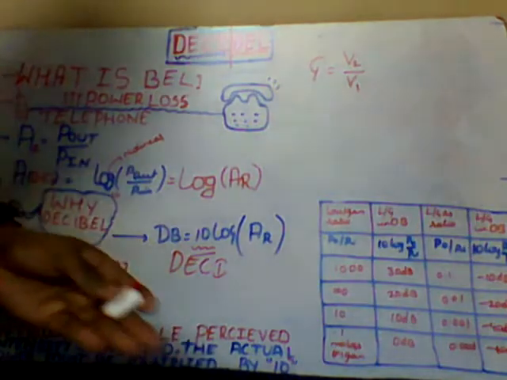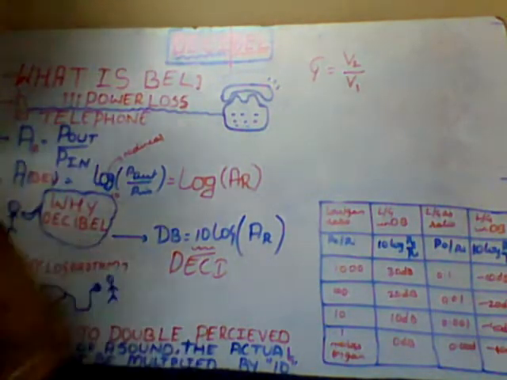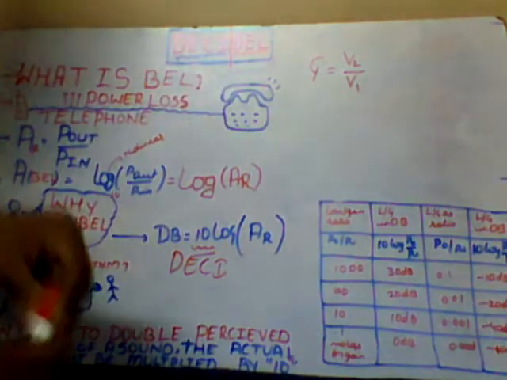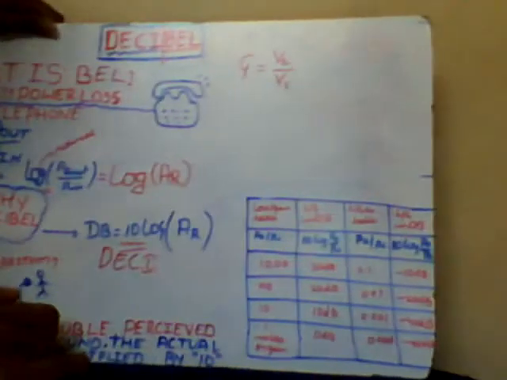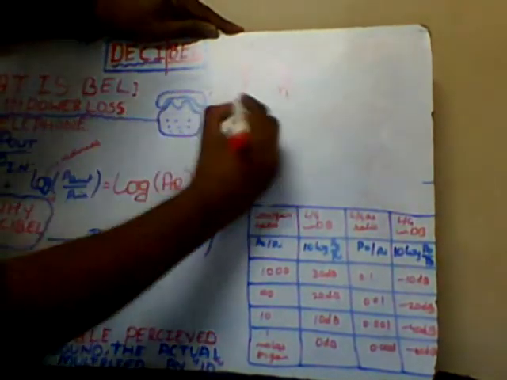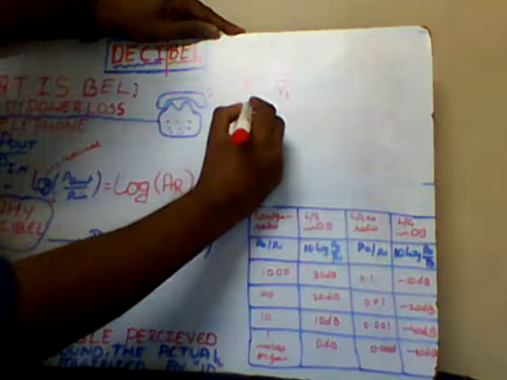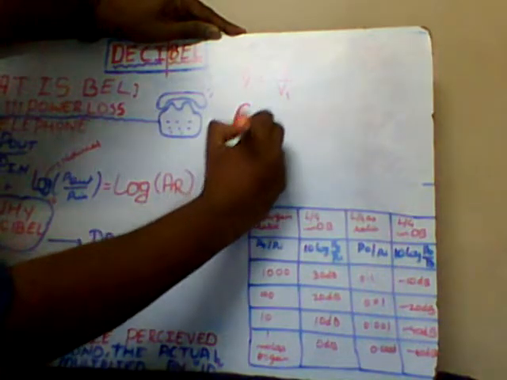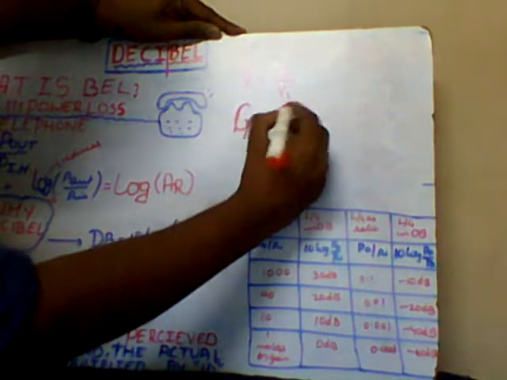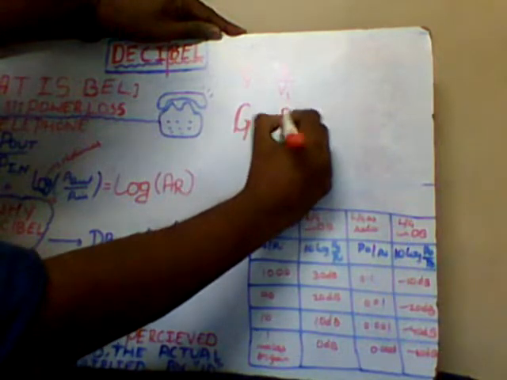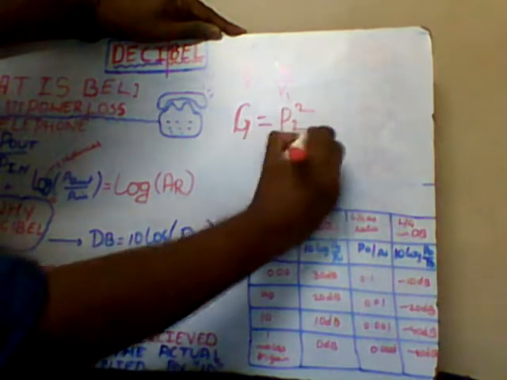It may be voltages or currents, whatever it may be, but our main intention is in terms of power. So if you consider G in terms of power, that is P2 square by P1 square.